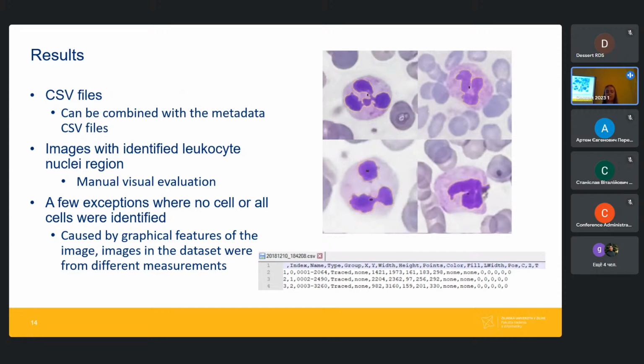If they were in similar coordinates, they were evaluated as one cell. There were a few exceptions, with no cells or a large number of cells identified, but this is the error and the downside of the graphical feature evaluation.